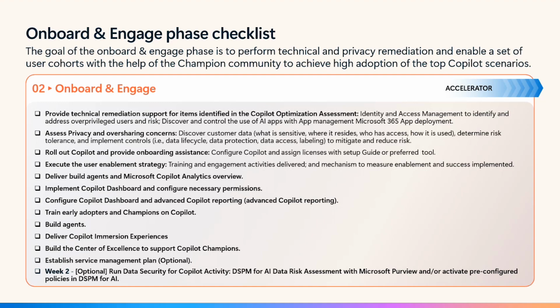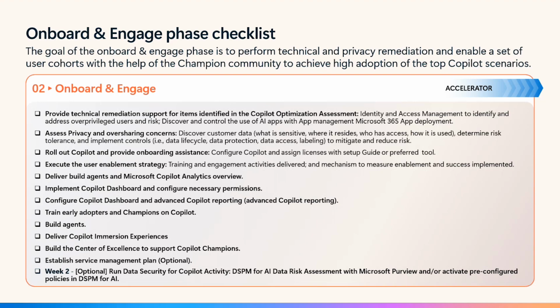As you see, I have many checklists, but the most important from this one is to deliver the agent and Microsoft Copilot Analytics overview, to implement the Copilot dashboard and configure the necessary permissions for whoever needs them. Maybe we can add it to the lead training or other persons.